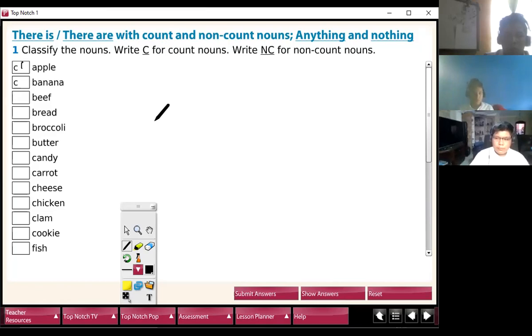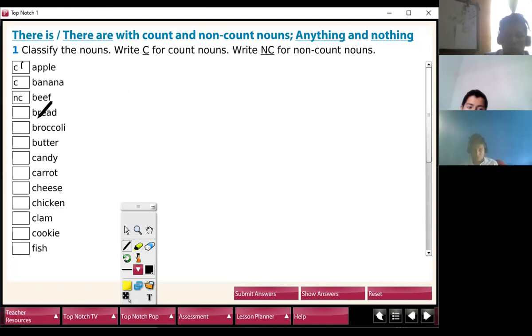So in this case, it's NC, right? Bread, not a specific bread, the group of bread. Count or not count? It's the same as beef. What do you think? Luis Garcia, what do you think? Pues, para mí sería NC, porque es pan, o sea. It's a group, right? For that it is NC.